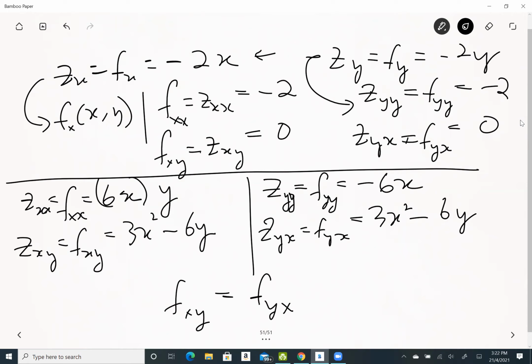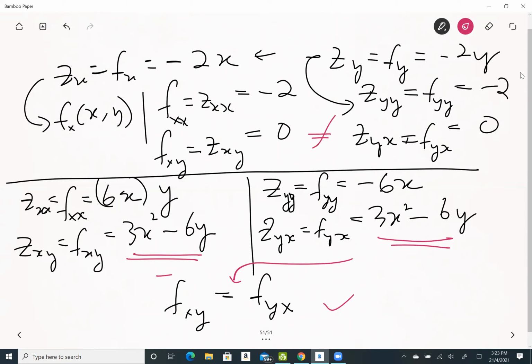You get the solution and see whether they are equal or not. If they are equal, that means we got it right. So if you look at fxy and fyx, they are the same, so that means we are right. In the first example, fxy and fyx are both 0, so we are right.